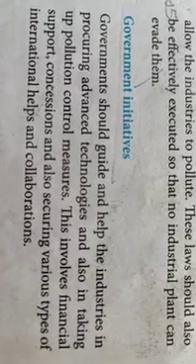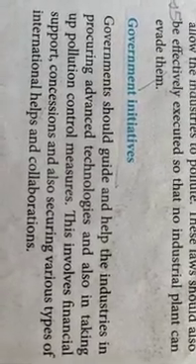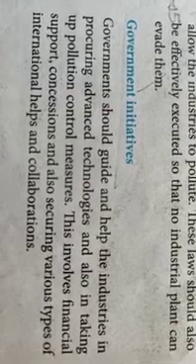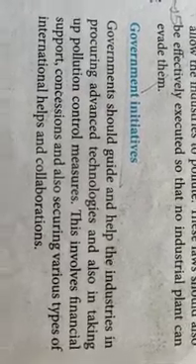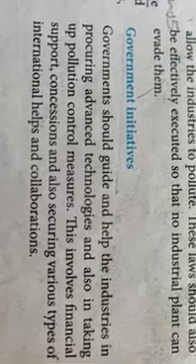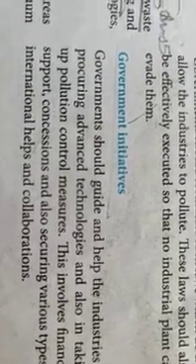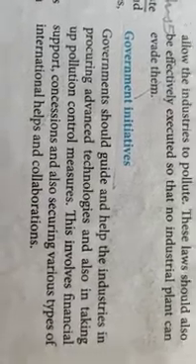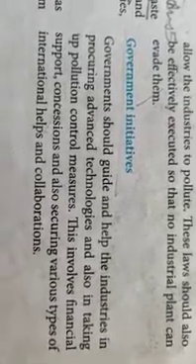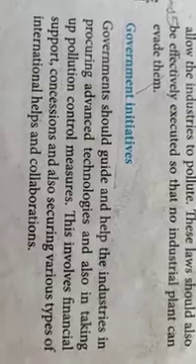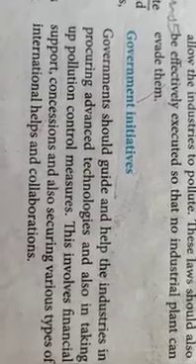This involves financial support, concessions, and also securing various types of international help and collaborations. So maybe there are countries who have managed some or the other of their industrial pollutants. So our government should help our industries and factories in procuring that technology.